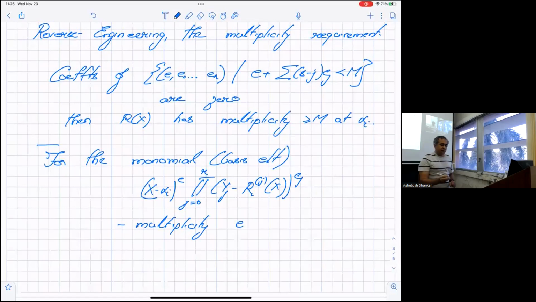Therefore the multiplicity will be exactly e plus the summation of (s minus j) times e_j, j going from 0 to r.